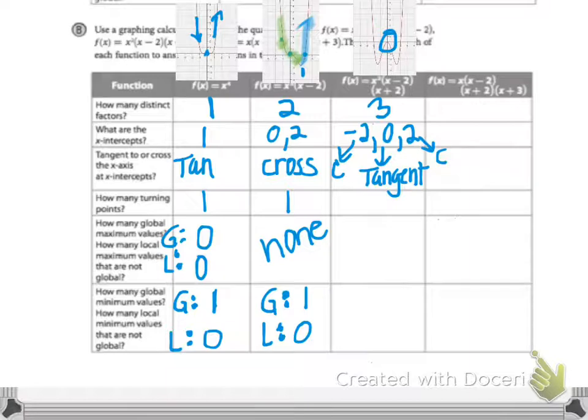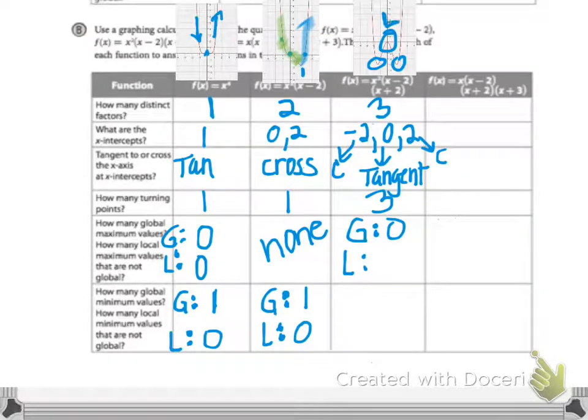How many turning points? Well, if you look, there's 1, 2, 3 turning points. There's one there, one that I circled there, and one I circled here. So they're going from either increasing to decreasing or vice versa. When I look at how many global maximum values or local maximum values, there are no global maximums because this thing goes up forever, right? But there is a local one, and it's up here.